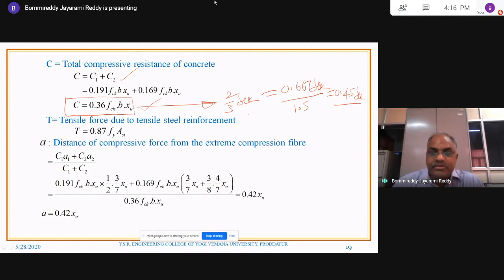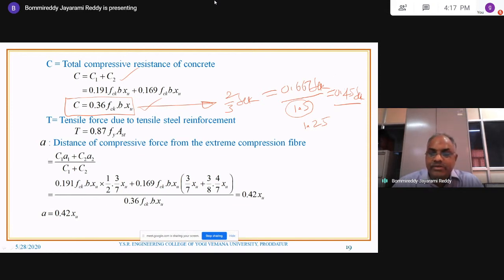Sometimes in the examination, if they want to test your knowledge, instead of 1.5, if it is say 1.25, what is the value of C? That may be the question sometimes. In that case, what do you do? 0.67 is the original. Instead of dividing by 1.5, you are going to divide it by 1.25 and find out the value.